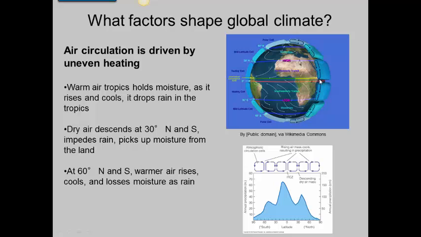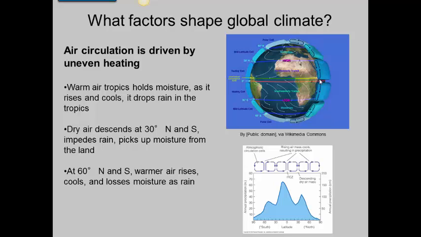As the air gets warmed at the equator, it rises. Warm air is less dense than cold air, so as it heats up, it rises. And as it rises, it's going to cool. The upper parts of the atmosphere, at least the lower part of the atmosphere where we live, the troposphere, are cooler.